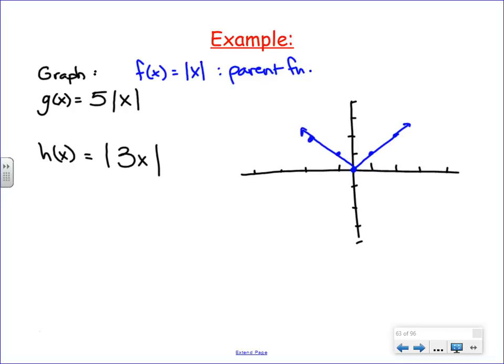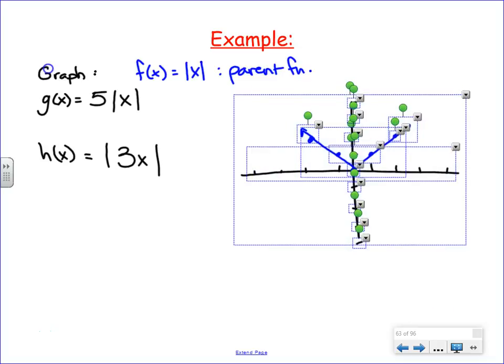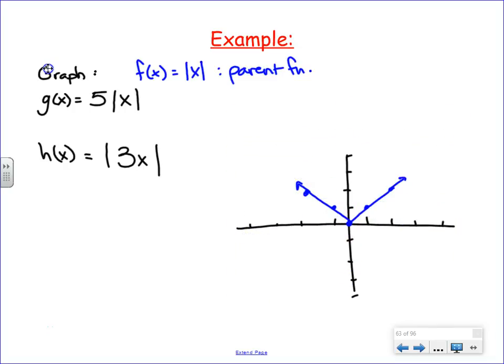Okay. Help me out. The very first one, aka g of x, the very first transformed function. Why am I adding height to my graph? Specifically, I'm going up to 10. How come?